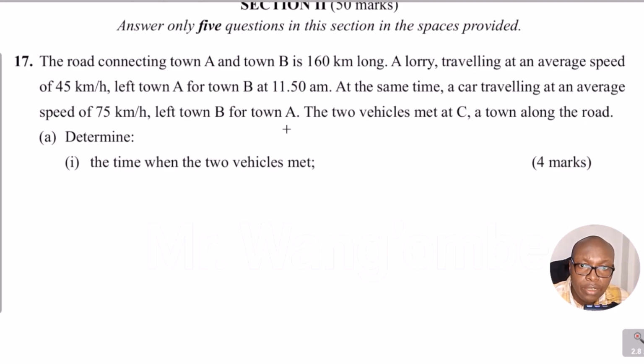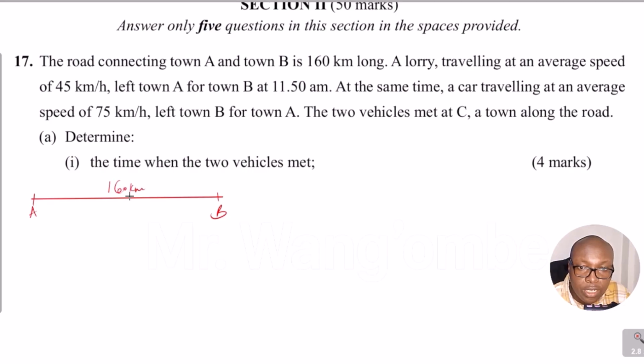So you read through again for proper understanding, and then you need to get some concepts when you're solving a question on linear motion. Now, we have the two towns here, and the two towns are 160 kilometers apart. So town A is there, and then we have town B is there.